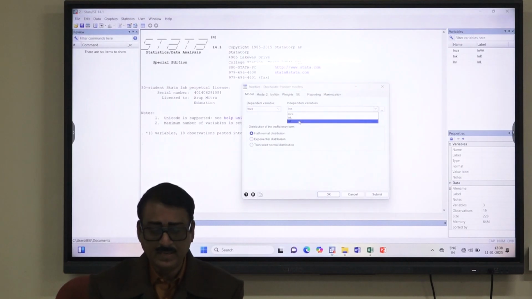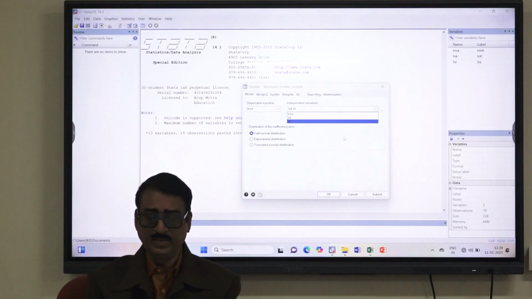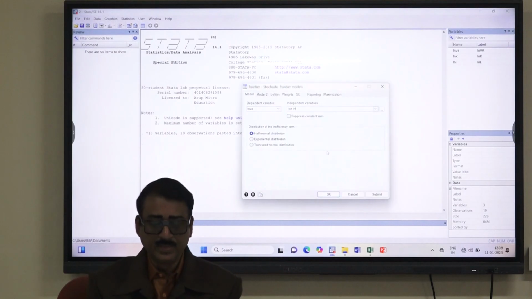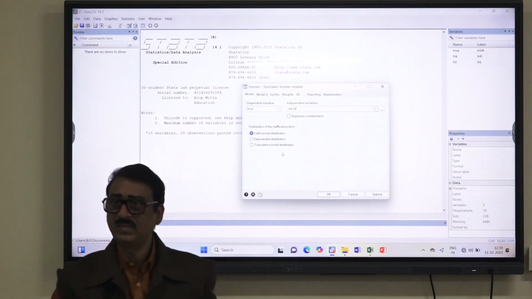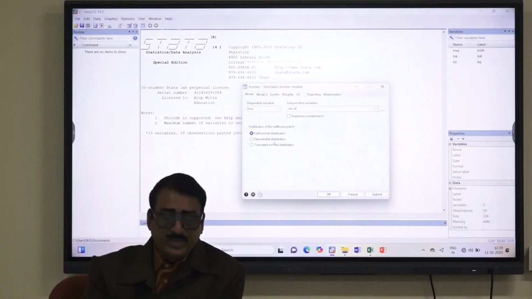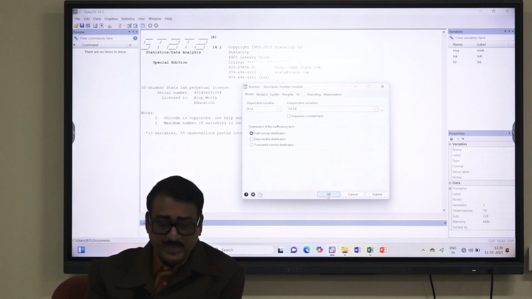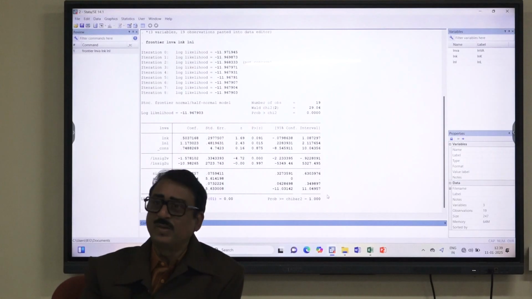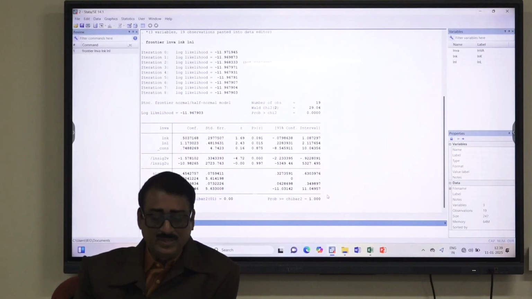Log of capital and labor are my independent variables. Okay. And then it is giving me these options: half normal distribution, exponential distribution, and truncated normal distribution. It doesn't have gamma distribution. So these are all positive distributions. By default, it has chosen half normal distribution. Okay. So I say, okay, this is my frontier estimation.